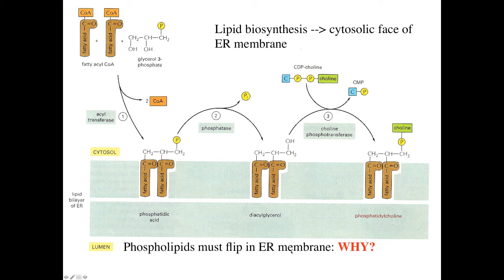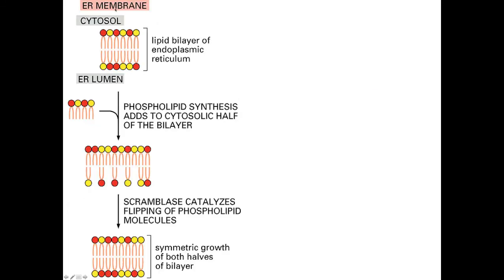Phospholipids have to flip in the ER membrane because the ER membrane is going to exhibit a symmetrical distribution of phospholipids, but as they're synthesized, the phospholipids are only on the cytosolic side of the membrane.